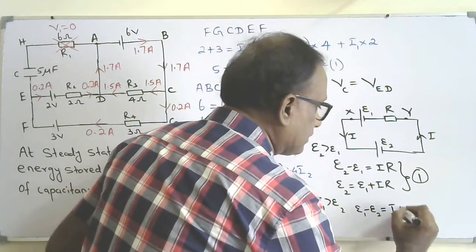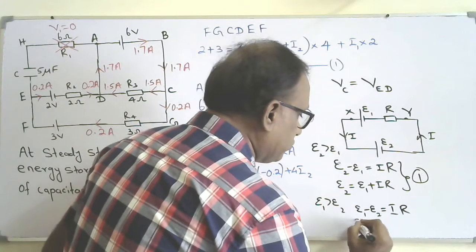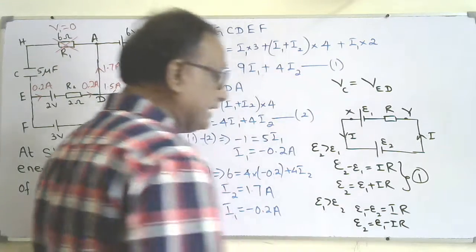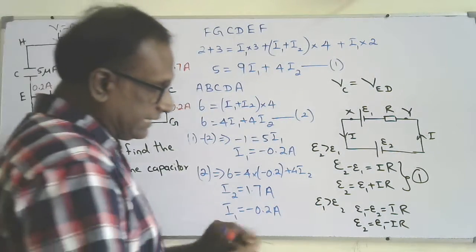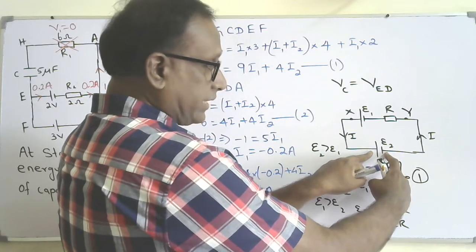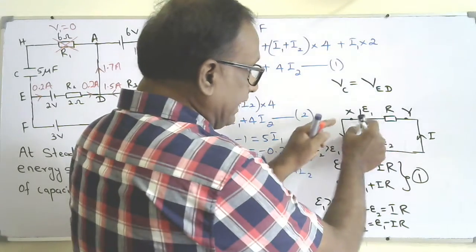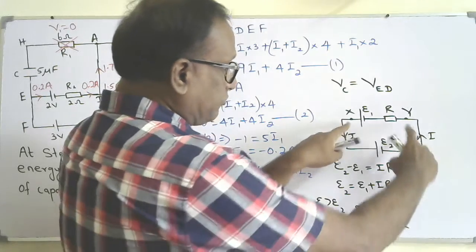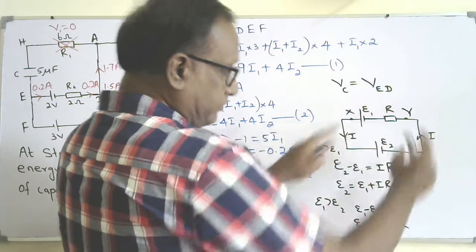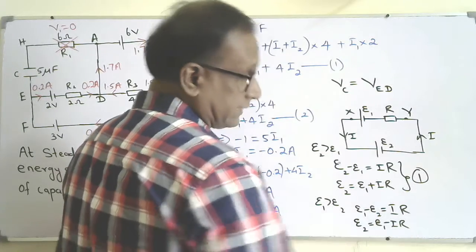So E2 equals E1 minus IR. In this situation, the voltage across E2 is equal to E1 minus IR, which is the voltage across XY.